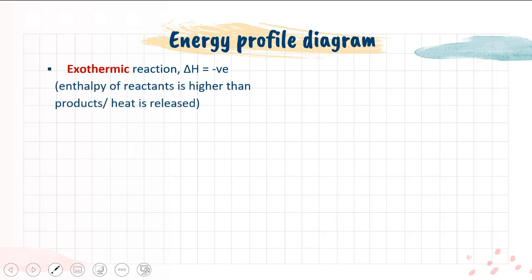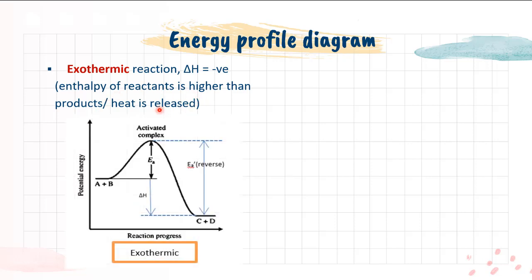So first we talk about exothermic reactions. You have a delta H, the enthalpy, that is negative in value, which means the enthalpy of the reactant is higher than the product. Or more commonly known, heat is released in this reaction. In this energy profile diagram, initially we have the reactants at higher energy, and then they have to cross over this activation energy to reach this activated complex, and finally to form the product.